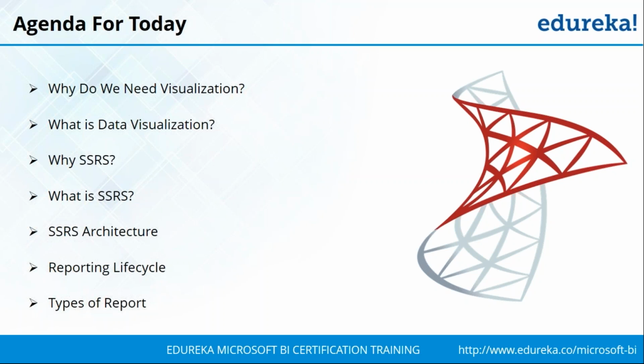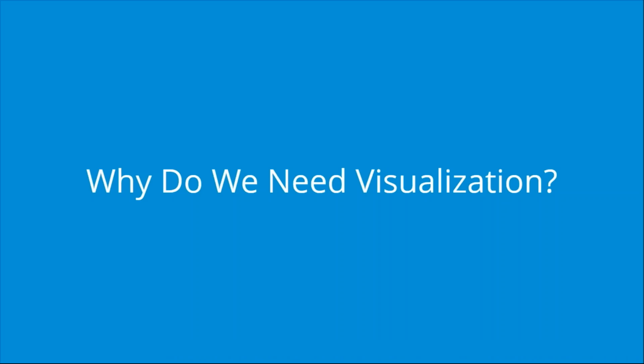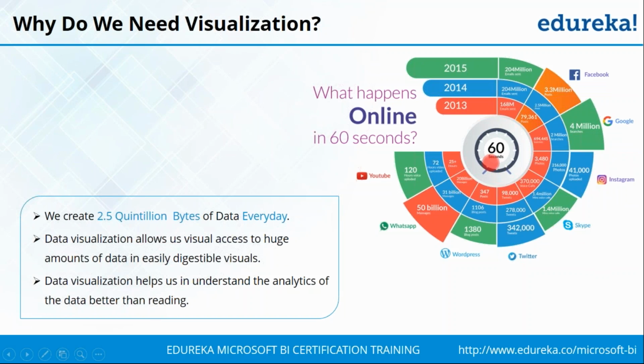So without wasting any time, let's move forward and try to understand why we need visualization. Now, if you look at the image to the right, this is the amount of data that gets generated every minute, that is in 60 seconds. The data has been compared with respect to 3 years, that is 2013, 2014 and 2015.